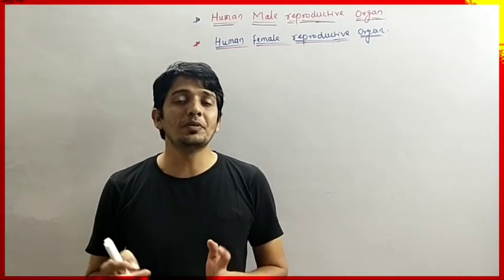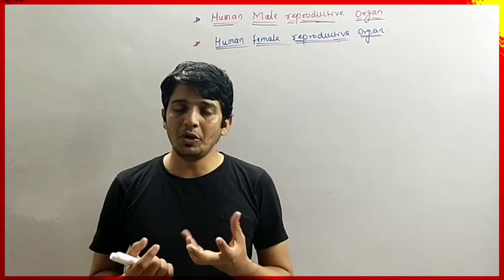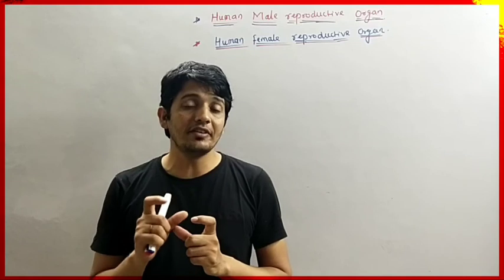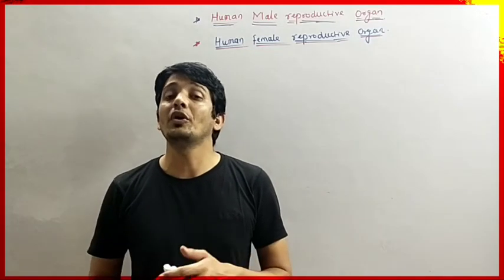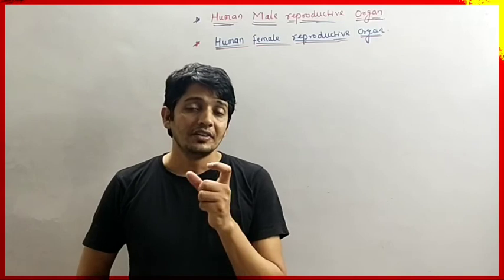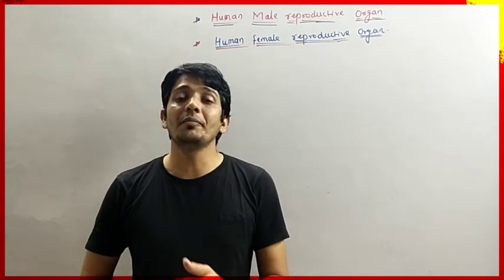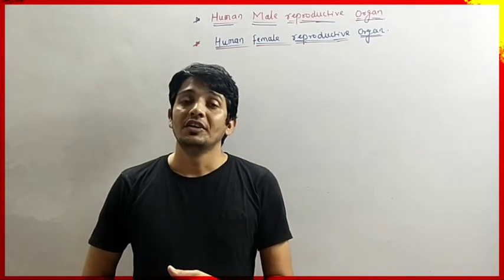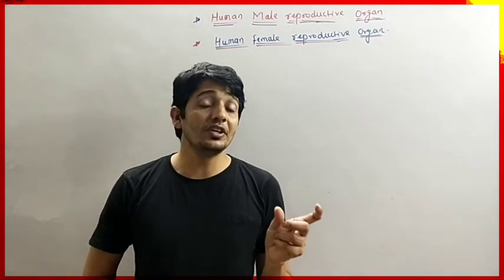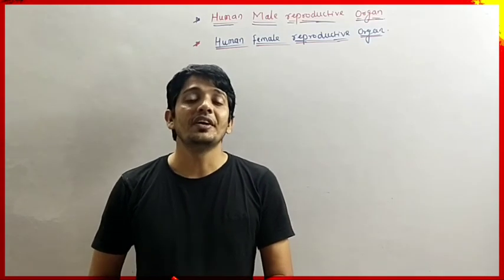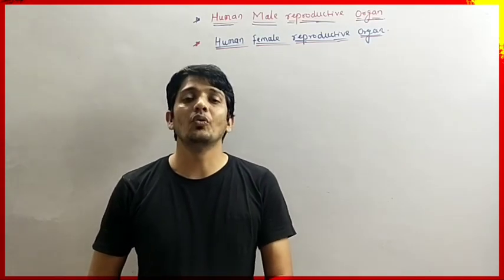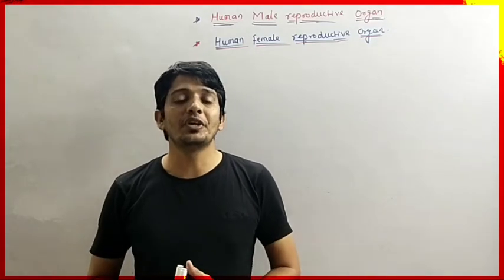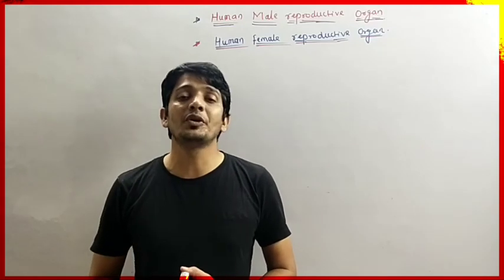These sperm cells get produced and travel through the vaginal cavity towards the oviduct in order to fertilize the ovum, the female egg cell, which is released from the ovary and travels through the oviduct towards the uterus, where it gets fertilized by the sperm cell. So students, this is the way the male reproductive organ and female reproductive organ work.